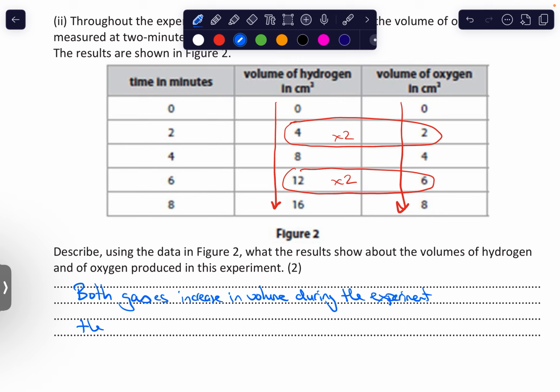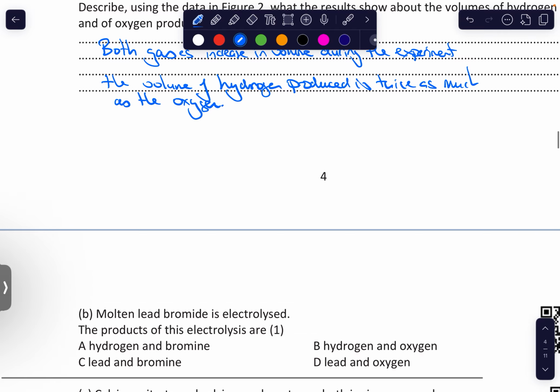The volume of hydrogen produced is twice as much as the oxygen. And you're going to get 1 mark for each of those 2 statements.